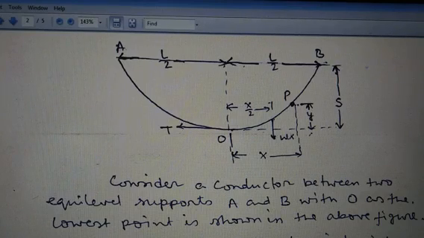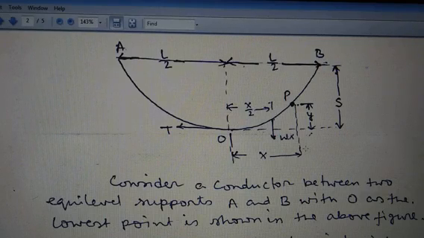Considering that the curvature is so small that the curved length is equal to its horizontal projection, that means OP equals x. Here we consider the portion OP, and the straight length of OP we can consider as the distance x.